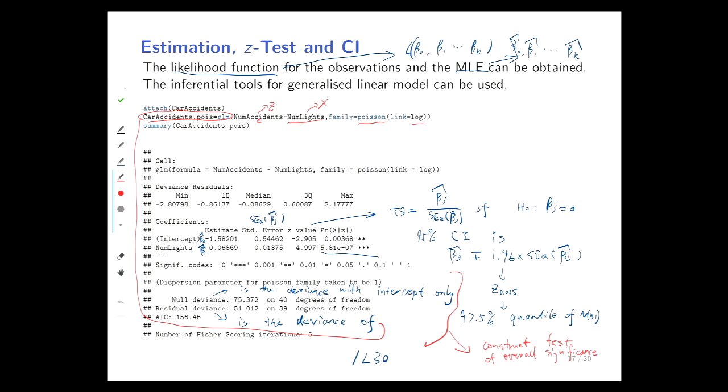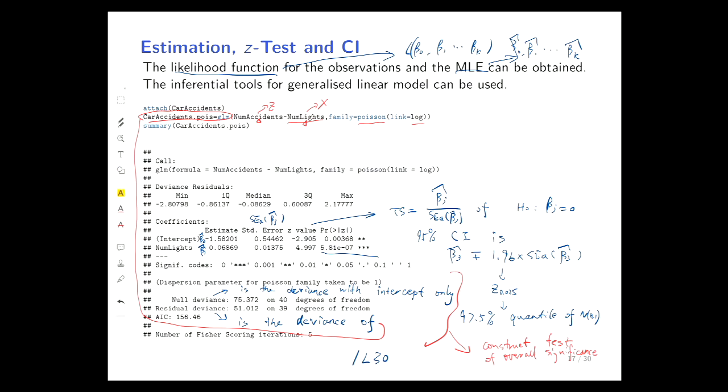So this is our response variable, and when we use R to fit the model, we still use the glm function, and then we put in the response variable and the explanatory variable. Here, the explanatory variable is the number of traffic lights in each county.